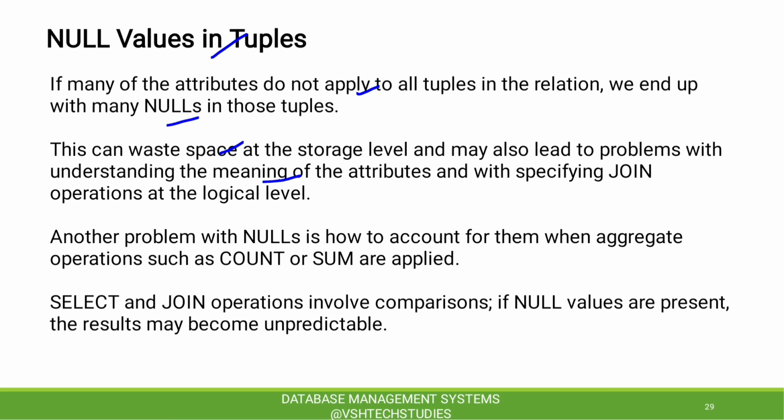And while doing join operations, it leads to ambiguity. And with null values, we cannot do aggregate operations also. So when we do select and join operations that involve null values, the result may become unpredictable. So these are the problems with null values.